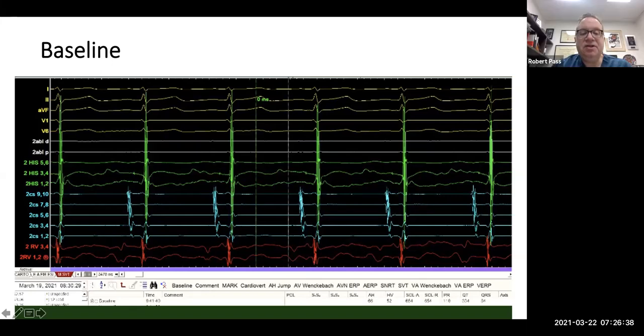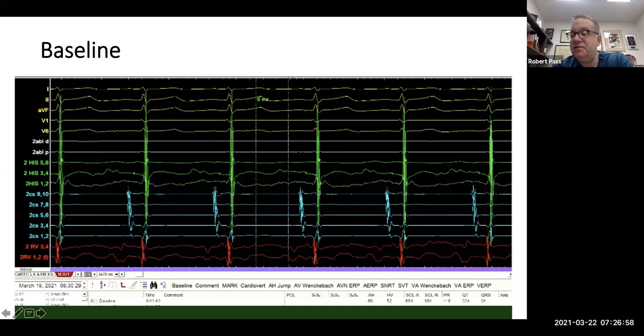It's hard to say because I'm just showing it to you on a screen and you don't have calipers like we do in the EP laboratory. But I think you would agree that there's a lot of space between this His and the ventricular electrogram. So presumably this is not a pre-excited patient because the HV interval is normal.